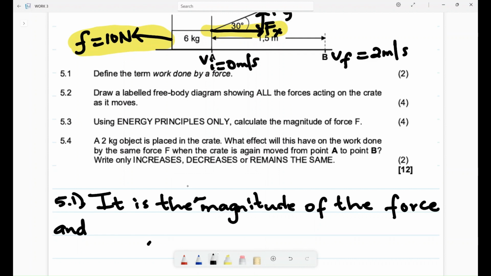It is the product of, let me just rewrite this.